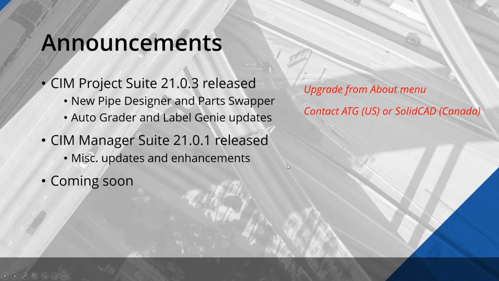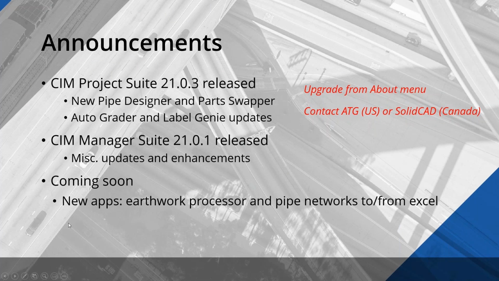So some things that are coming soon, some other new apps we're really excited about, a really robust earthwork processing app, allowing you to calculate earthwork subgrade surfaces at multiple different depths. We also have a pipe networks tool that's going to allow you to take networks, push them out to Excel. You have all kinds of custom formatting options on that export.